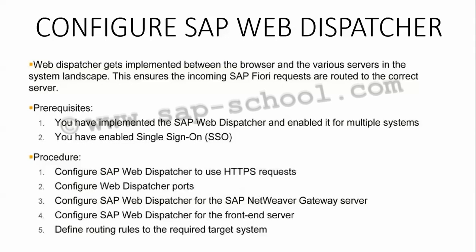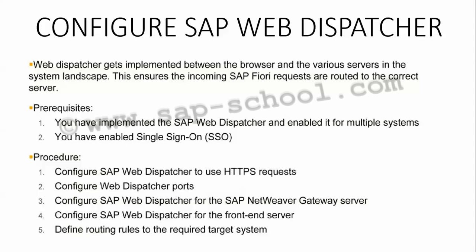The prerequisites for this are that we have implemented the SAP Web Dispatcher and enabled it for multiple systems. Then we have enabled single sign-on. Now the procedure for configuring the SAP Web Dispatcher is that we have to configure the SAP Web Dispatcher to use HTTPS requests. Then we have to configure the Web Dispatcher ports.